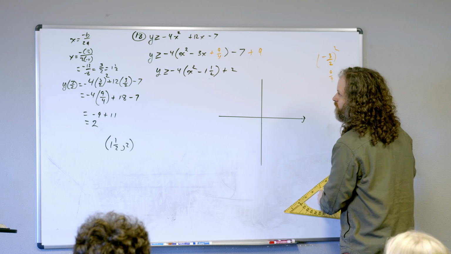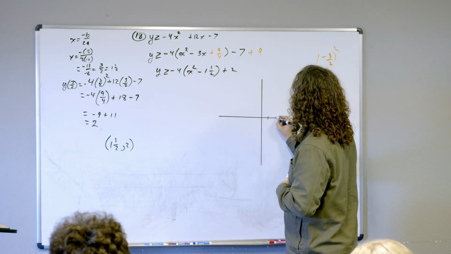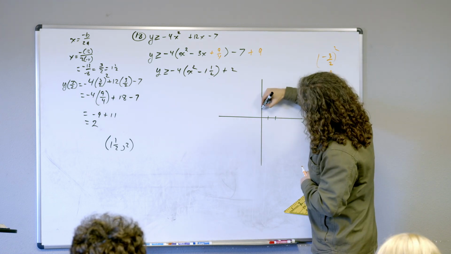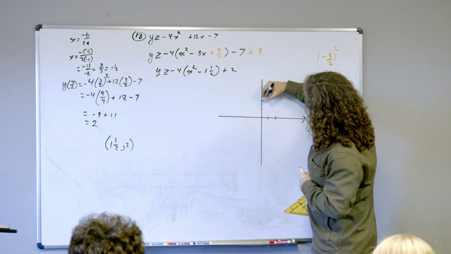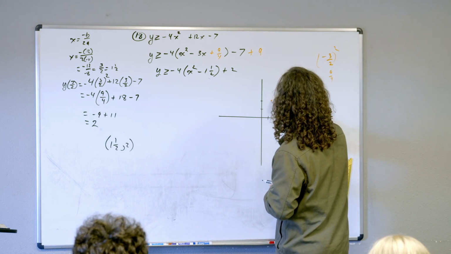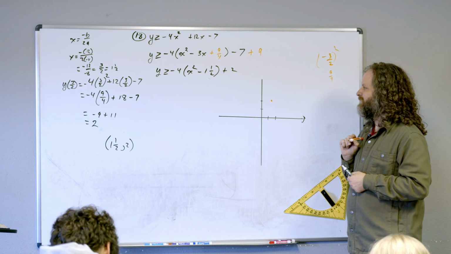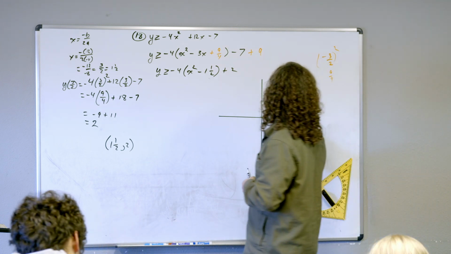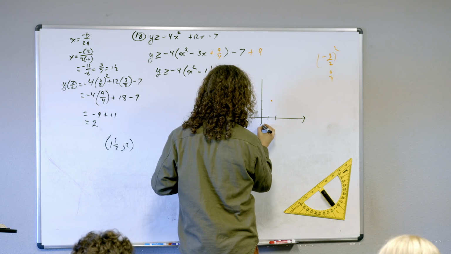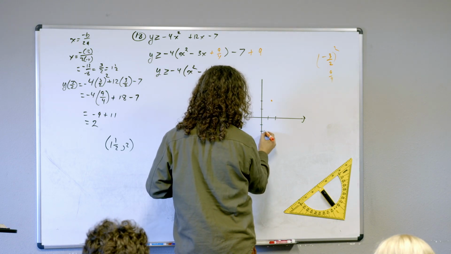So our vertex at 1.5, 2. So right here. So we go down 1, 2, 3, 4 over 1.